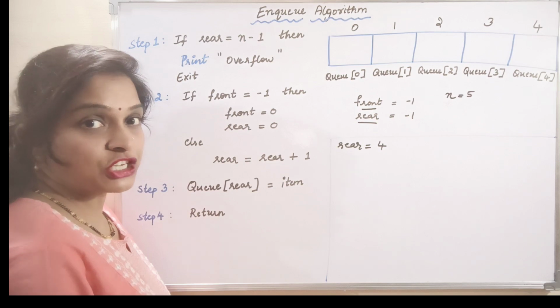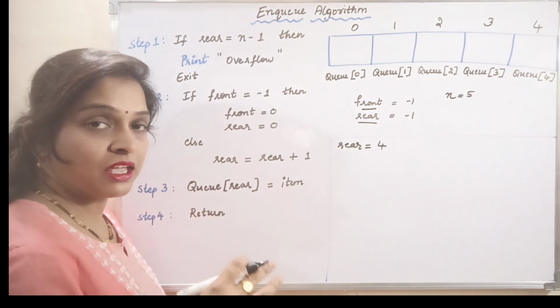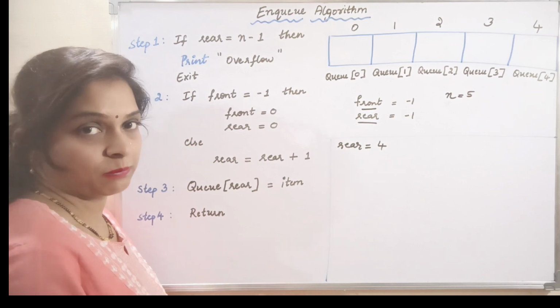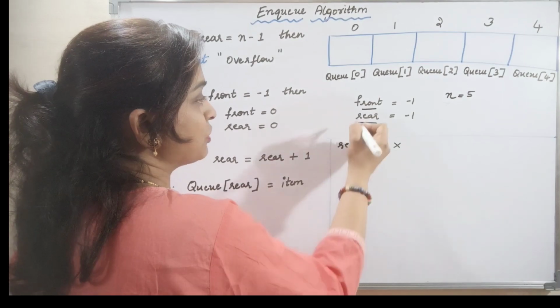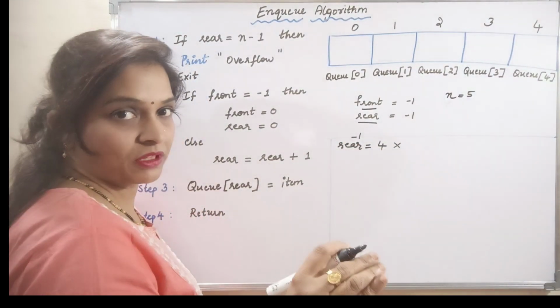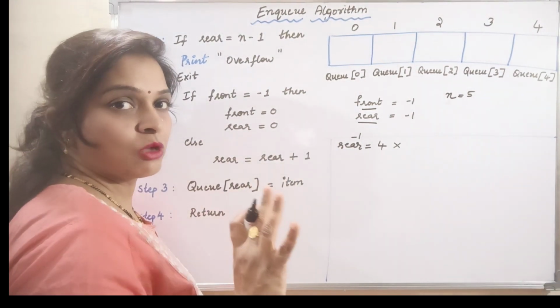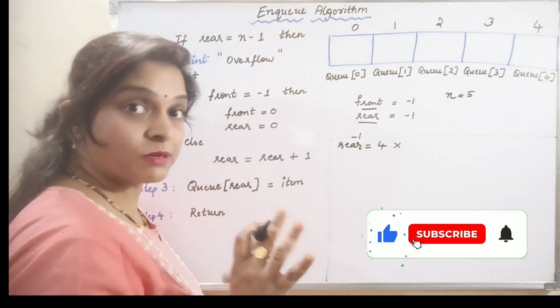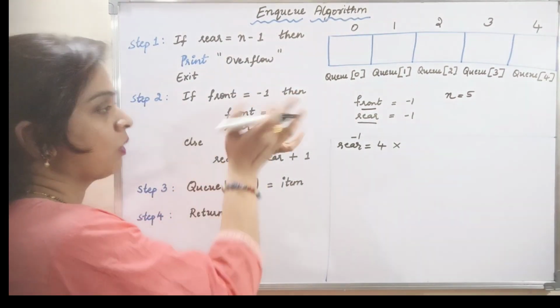No. Condition not satisfied means I have space in the array to fill the items for the queue. Rear value is how much? It is -1. Is -1 equal to 4? No. Condition not satisfied means it is not overflow. The queue can be filled with items. That is the meaning. Next, condition not satisfied, we'll come to step 2.